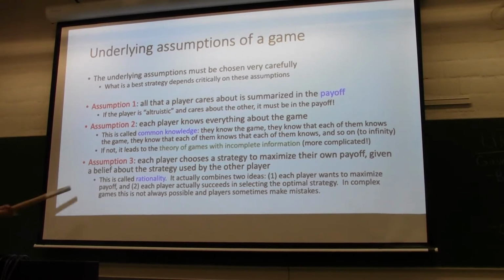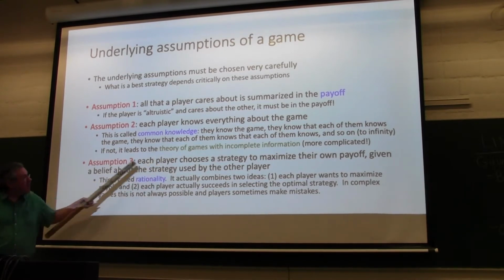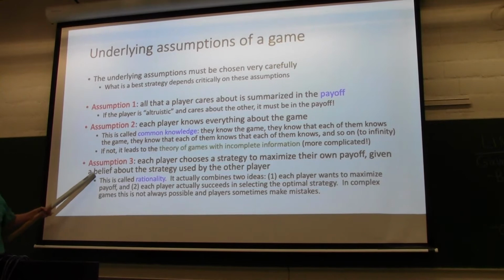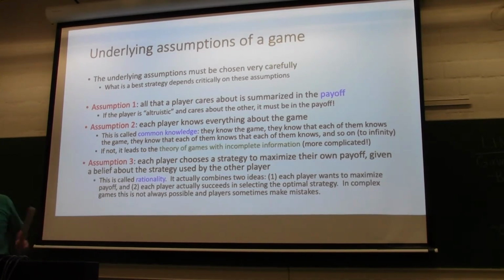The third assumption is that each player will maximize their payoff, given a belief about the strategy used by the other players. The player will imagine what the other player will do and will try to maximize their payoff. This is called rationality. This is what being rational is.